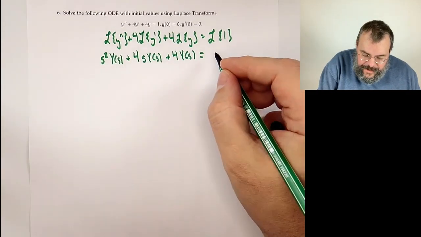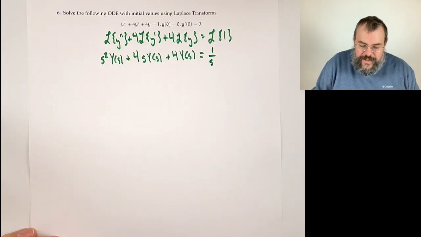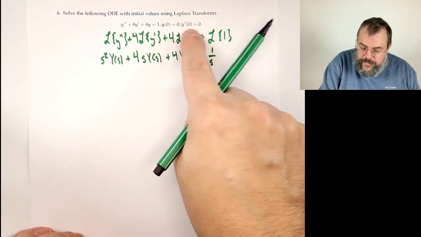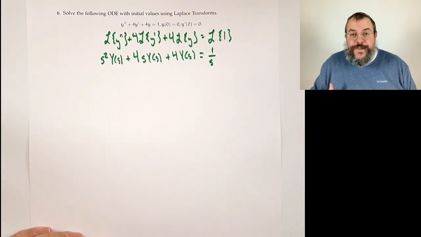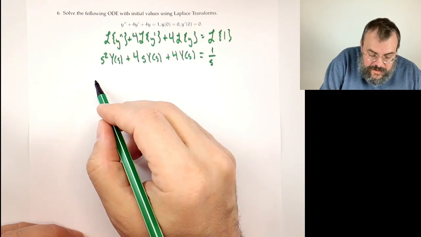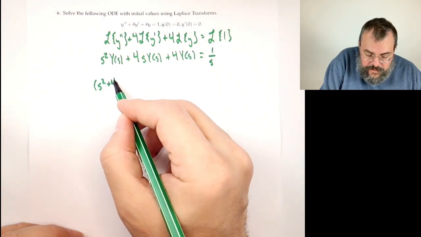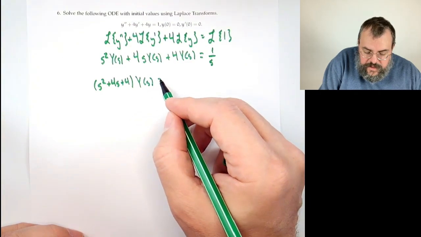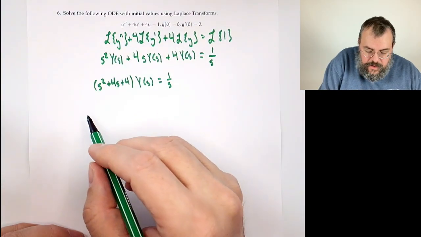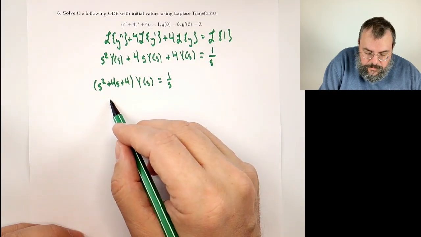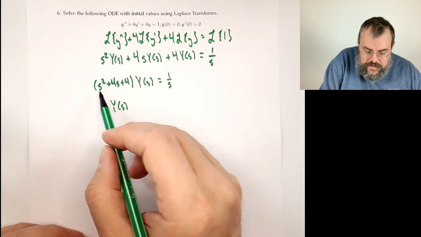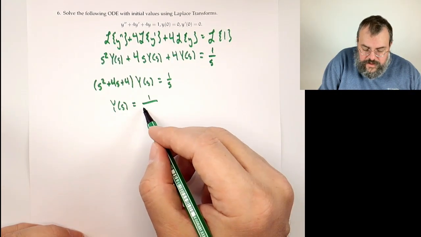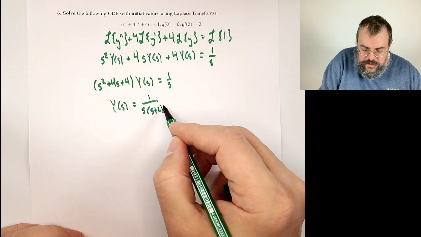The other pieces that normally show up are gone because of our initial conditions. So we have s squared plus 4s plus 4 times y of s equal to 1 over s. Or we can say that y of s, and notice that this is s plus 2 squared, is 1 over s times s plus 2 squared.